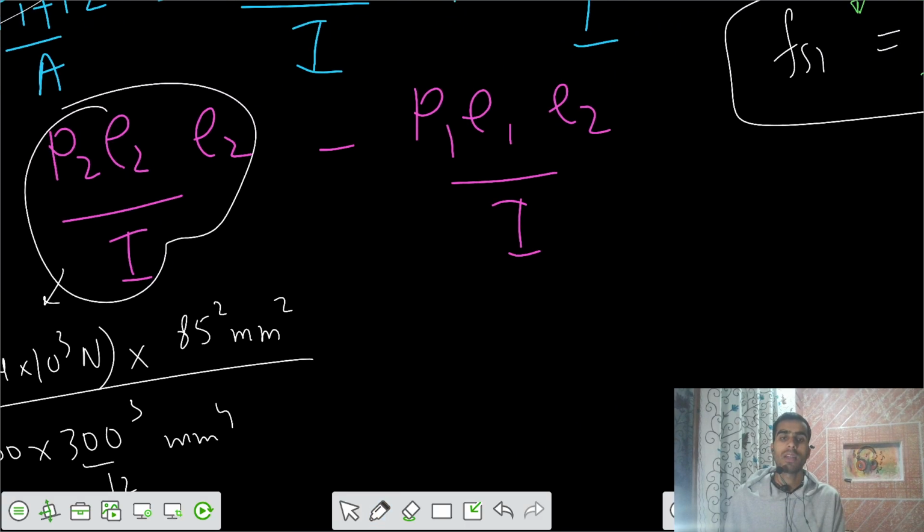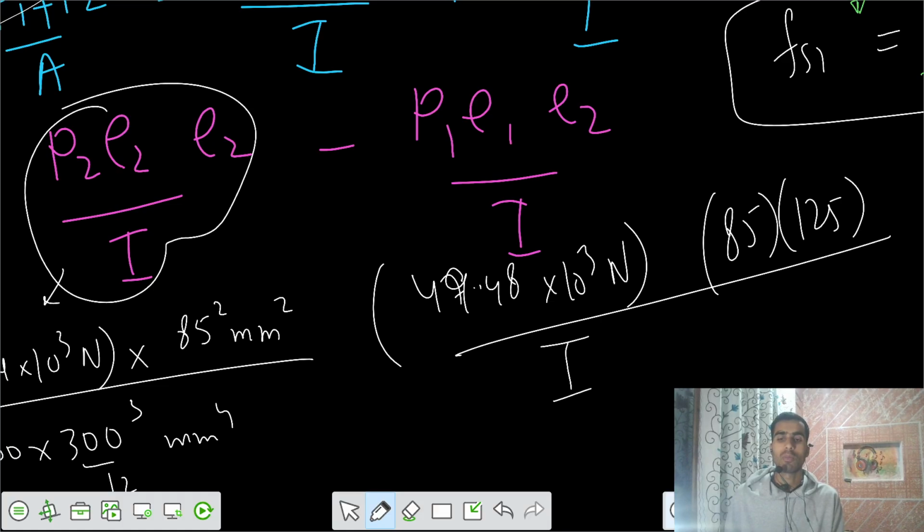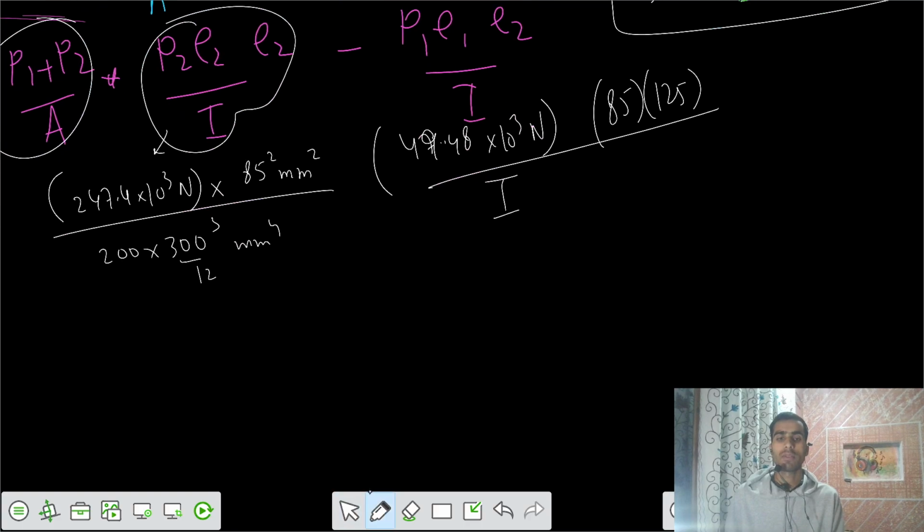And the third one is there. What was the force? Force was 49.48 times 10 power 3 newtons. Eccentricity E1 was 85, and the other eccentricity was 125, and accordingly you can check that divided by the moment of inertia, and you would get the FC2.